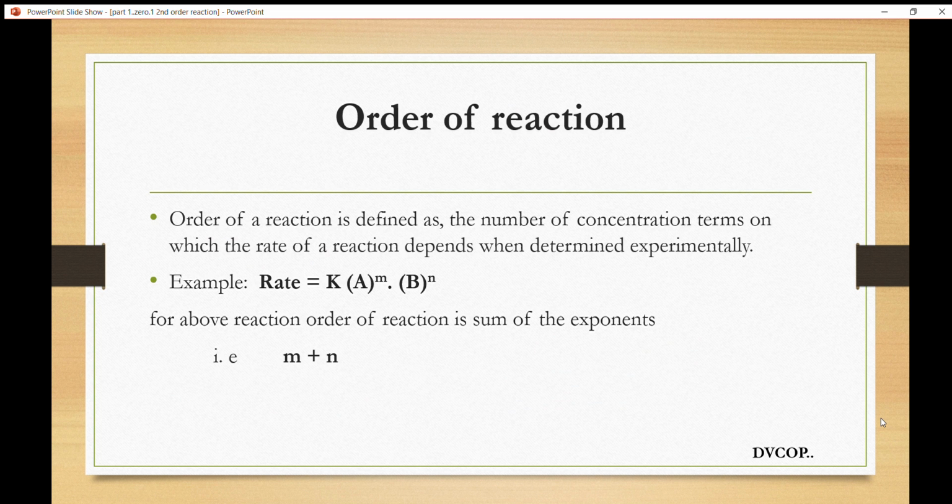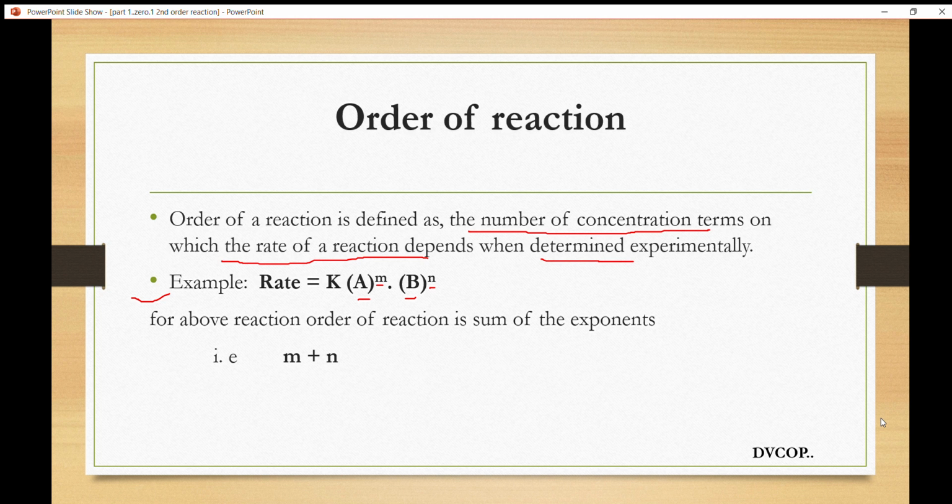Order of reaction is defined as the number of concentration terms on which the rate of reaction depends, when determined experimentally. In this example, suppose A and B are the reactants and the exponents M and N are the molar concentration powers of each reactant.